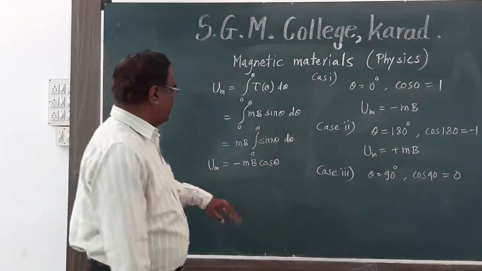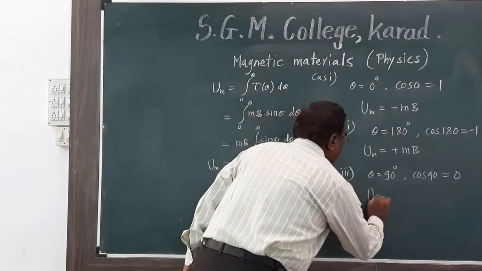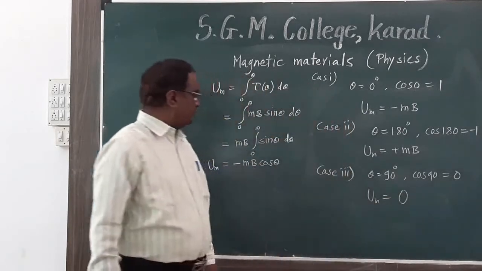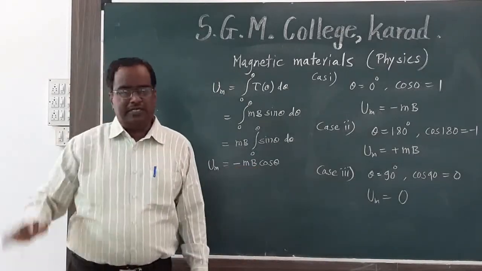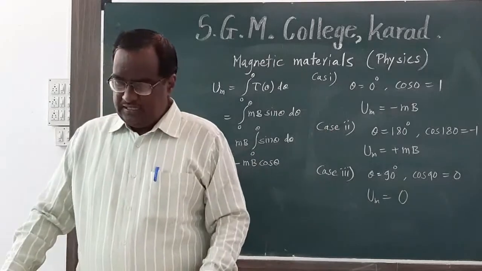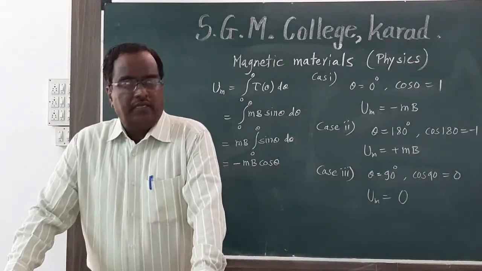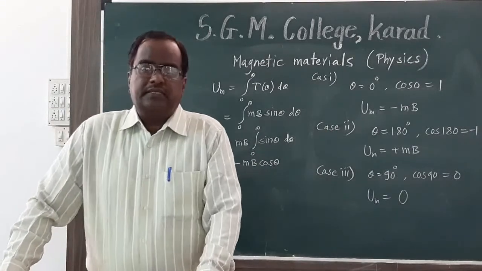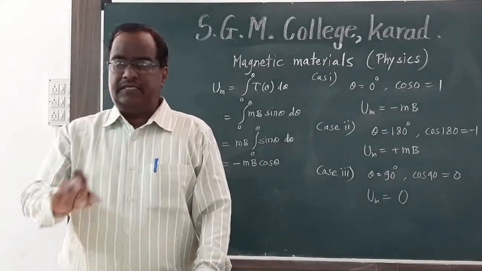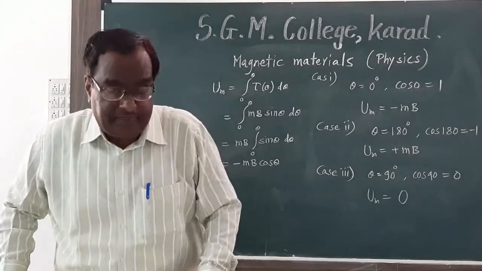Potential energy also is equal to 0, because anything multiplied by 0 is 0. Therefore, potential energy is 0 when the axis of the magnet is perpendicular to the magnetic field.